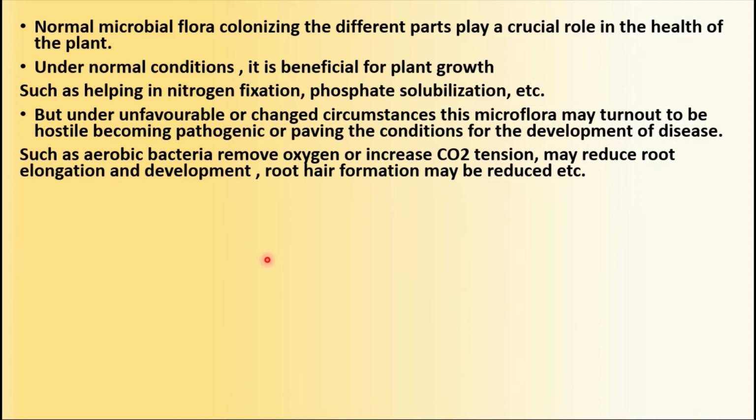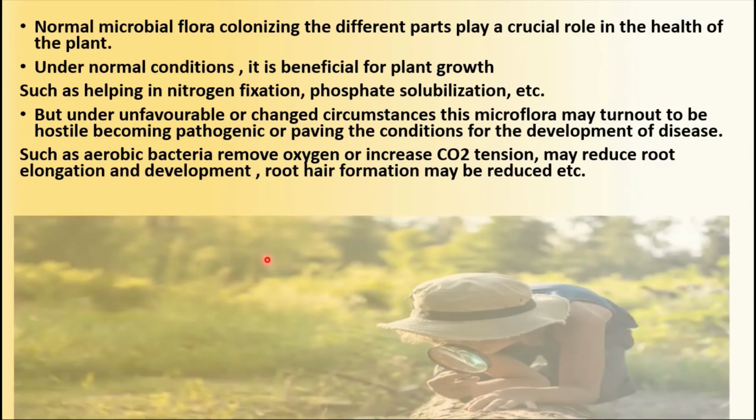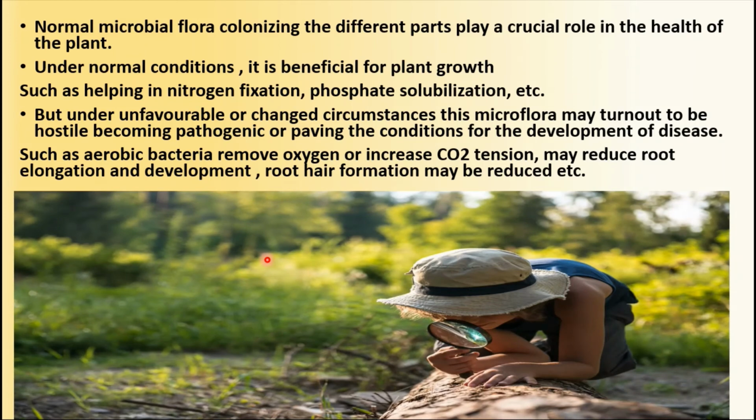Under normal conditions it is beneficial for plant growth, such as helping in nitrogen fixation, phosphate solubilization, etc. But under unfavorable or changed circumstances, these microflora, that means the soil microorganisms surrounding the root or the plant, may turn hostile, becoming pathogenic or paving the way for the development of diseases. For example, aerobic bacteria may remove oxygen or increase carbon dioxide tension, which may reduce root elongation and development.